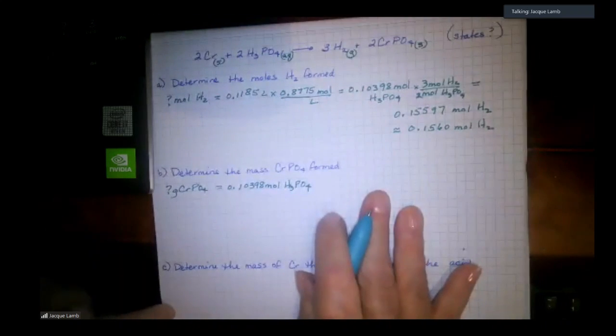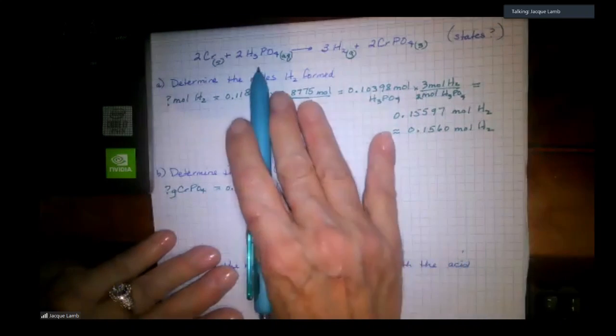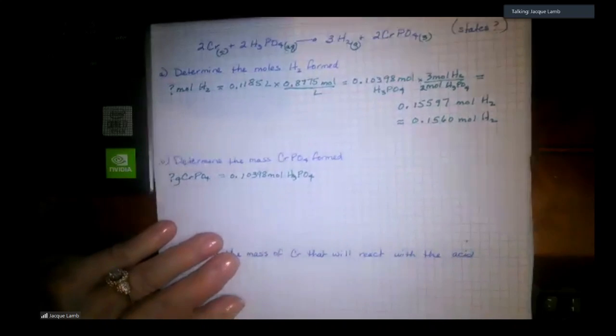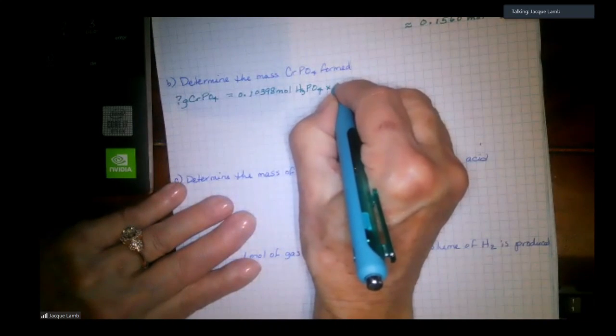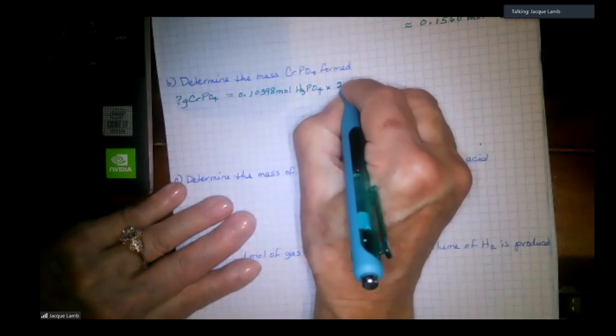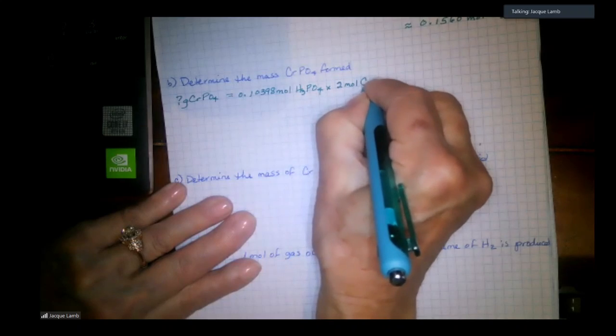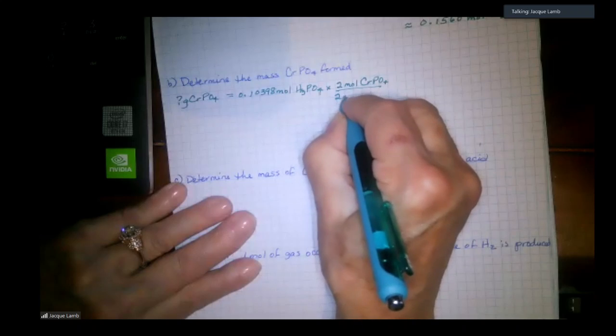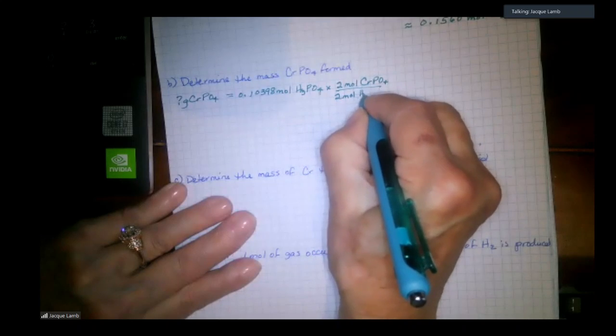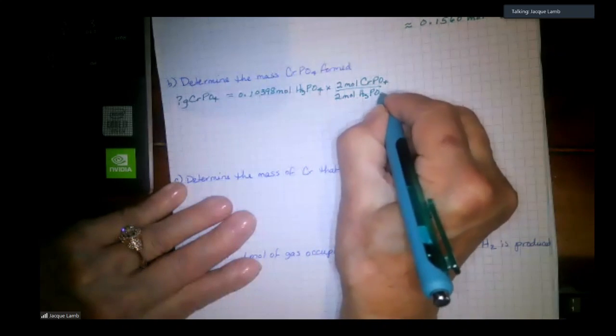The ratio from my balanced chemical equation is 2 to 2, so you could say that they are 1 to 1, or you could simply multiply by 2 moles of CrPO4 to 2 moles of H3PO4.